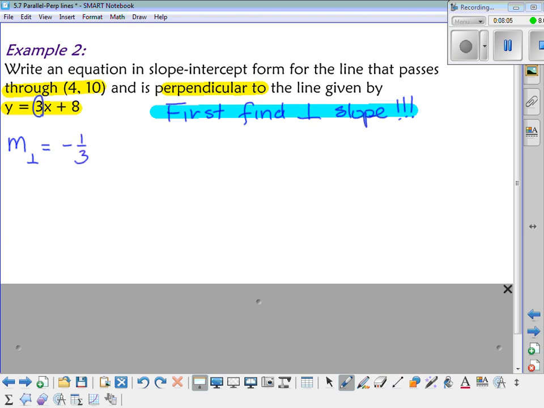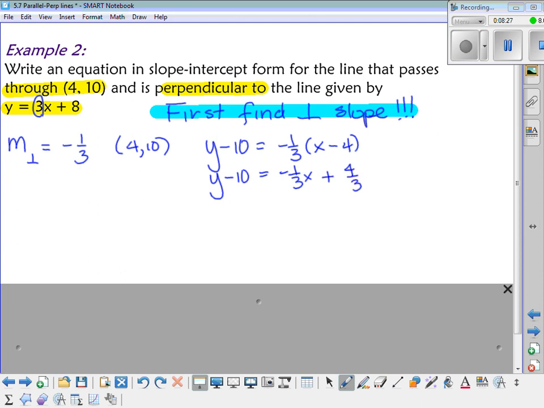And then my x sub 1, y sub 1 is going to be (4, 10). So we can plug it into the point-slope form. Y minus 10 equals negative 1/3 times x minus 4. And then I distribute. So y minus 10 equals negative 1/3 x plus 4/3, because a negative times a negative is positive, and 4 times 1/3 is 4/3.